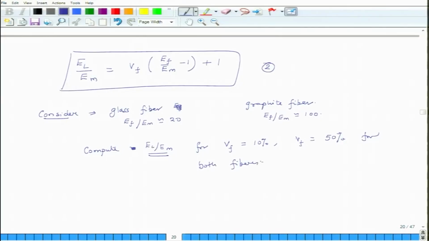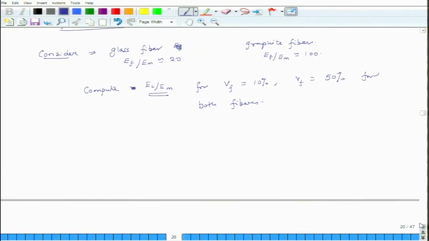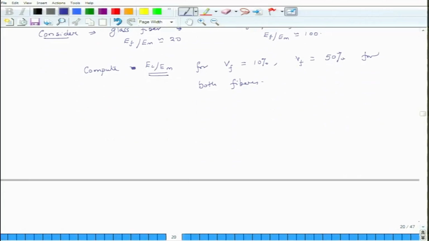Okay. So, how do we do it? We actually just use this equation 2 directly. We plug in EF over EM for glass as 20, and VF as 10% or 50%, and we can compute EL over EM. So, we will just make a table. So, for glass and we have graphite.